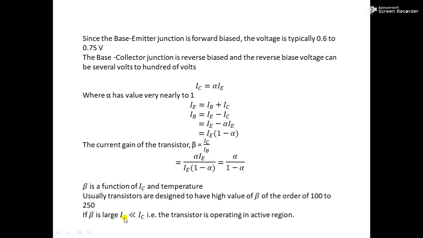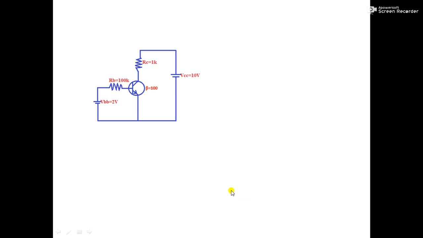We have the expression for beta equal to IC by IB. If beta is large, then IB is very small in comparison to IC. That is, the transistor is operating in the active region. So here I have given a circuit which has an NPN transistor.